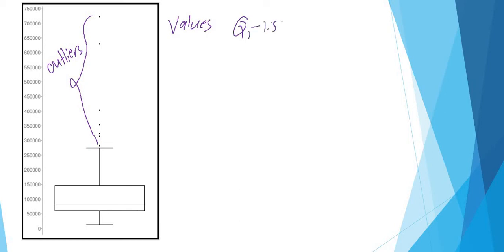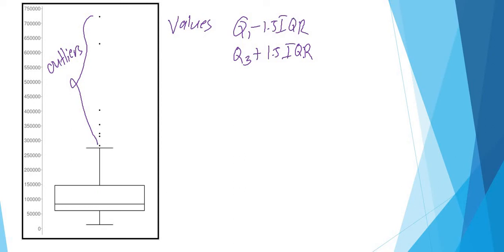Now, you might have noticed that in this specific box plot, we have these dots. They are outside of the whiskers. These dots here are what we call our outliers. If you recall, when we talk about outliers, these are the values that are beyond the following numbers: when we compute quartile 1 minus 1.5 times IQR and quartile 3 plus 1.5 times IQR, those are the numbers that we call outliers.